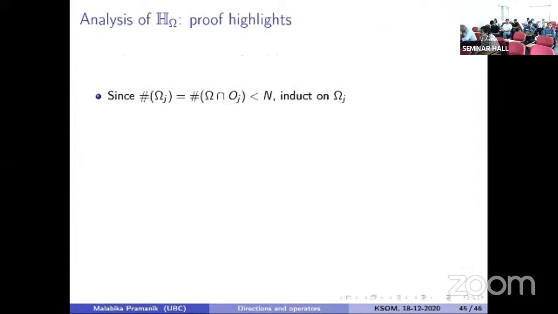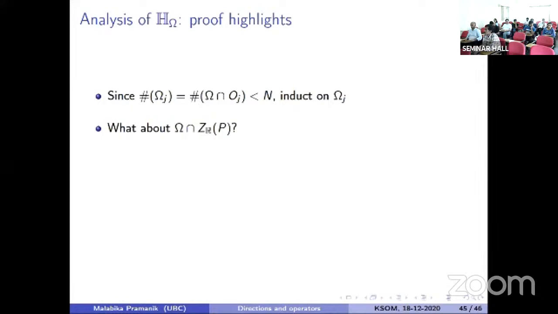Since Omega_j contains fewer elements than Omega, we can apply induction to estimate the maximal directional Hilbert transform on Omega_j. And this gives rise to a technical issue. What about the portion of Omega_j that falls on the cell walls?